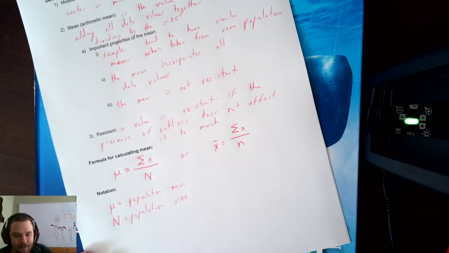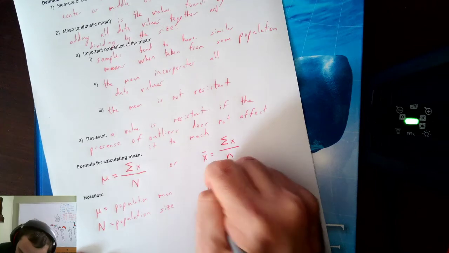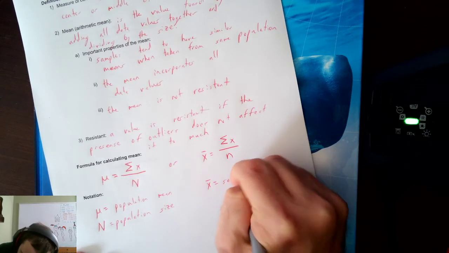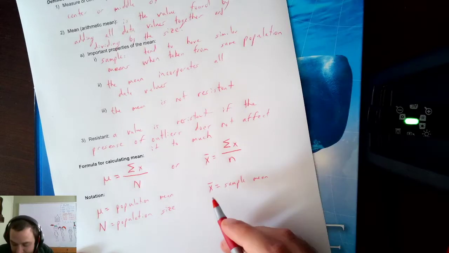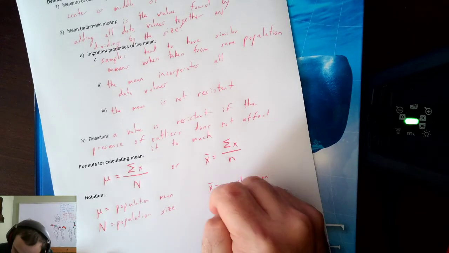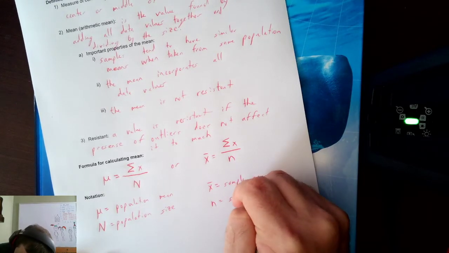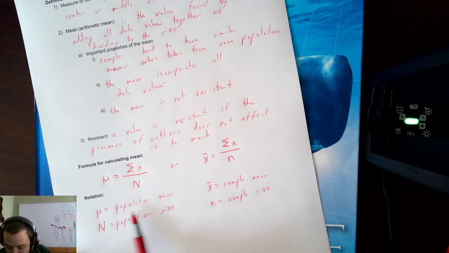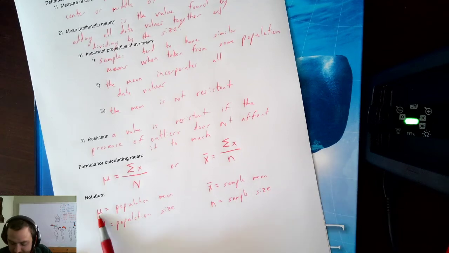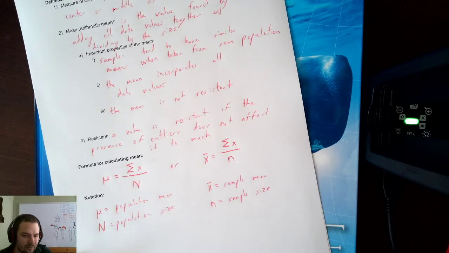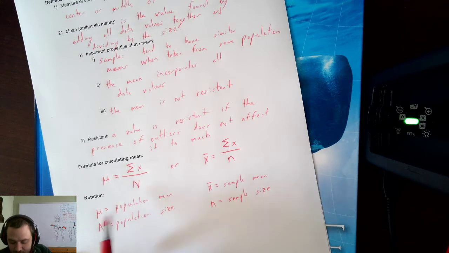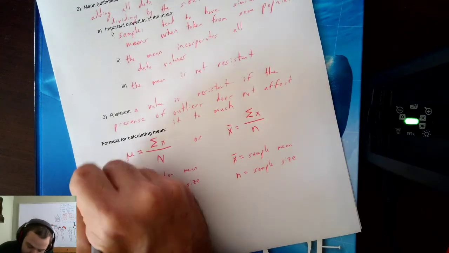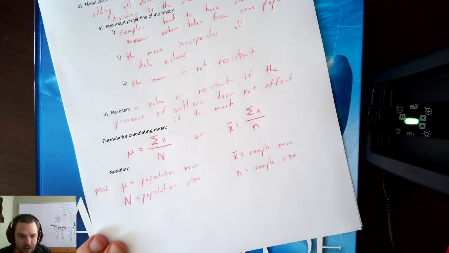Now the reason we have different symbols is because x bar is a sample mean. It's called x bar because it has a bar over it. And little n is the sample size. So population mean and sample mean have different letters. Make sure you're aware of that. If you're talking about a population, you're going to use the Greek letter mu, which looks like this weird U. It's pronounced mu.